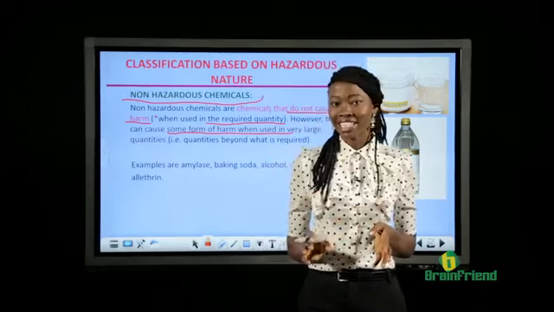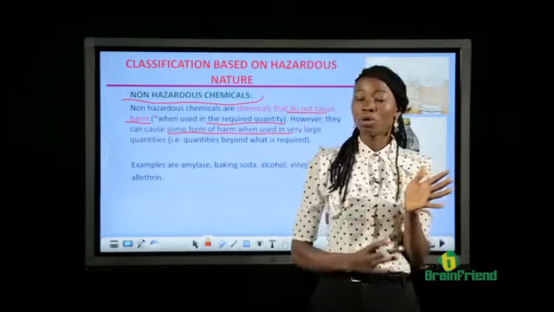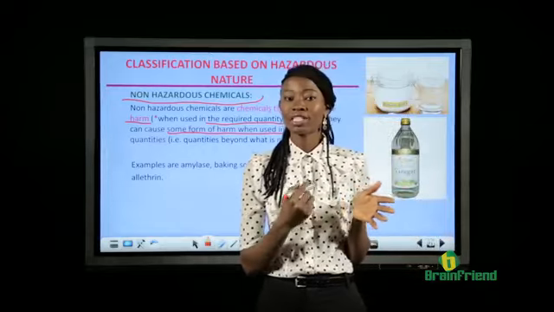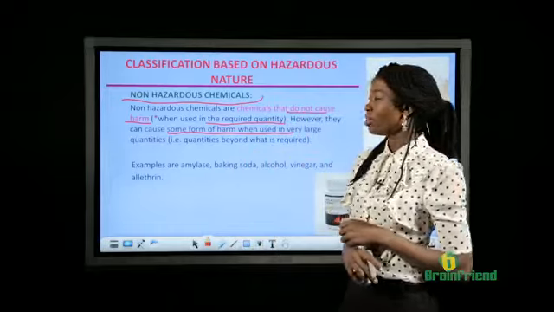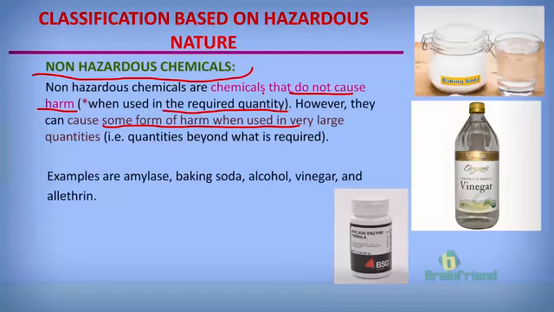So when we buy an item, we should look through the label to find out the various chemical substances that are included in that item. Examples of non-hazardous chemicals are chemicals such as amylase, baking soda, the one we use in our houses, alcohol, the one used in the laboratory to carry out experiments and researches, vinegar, and aletrin.